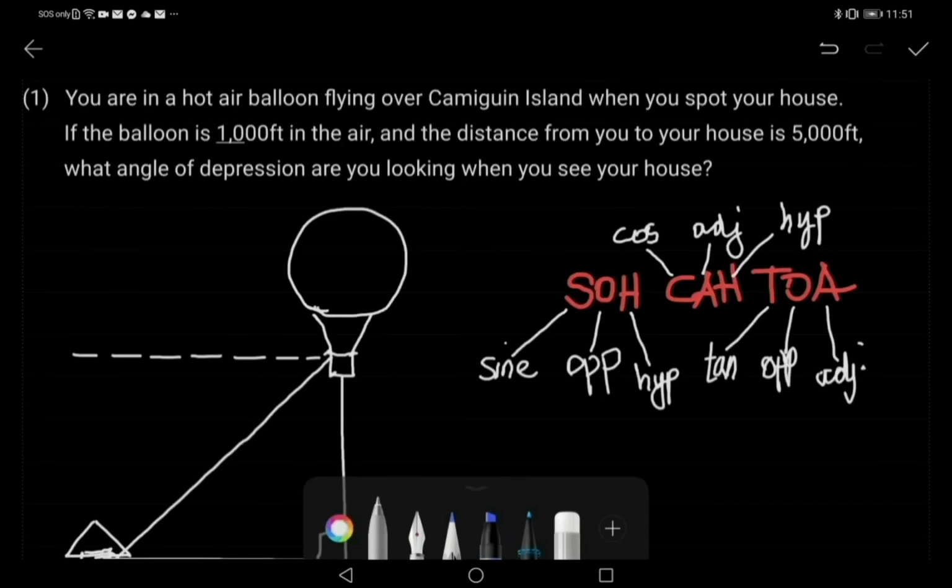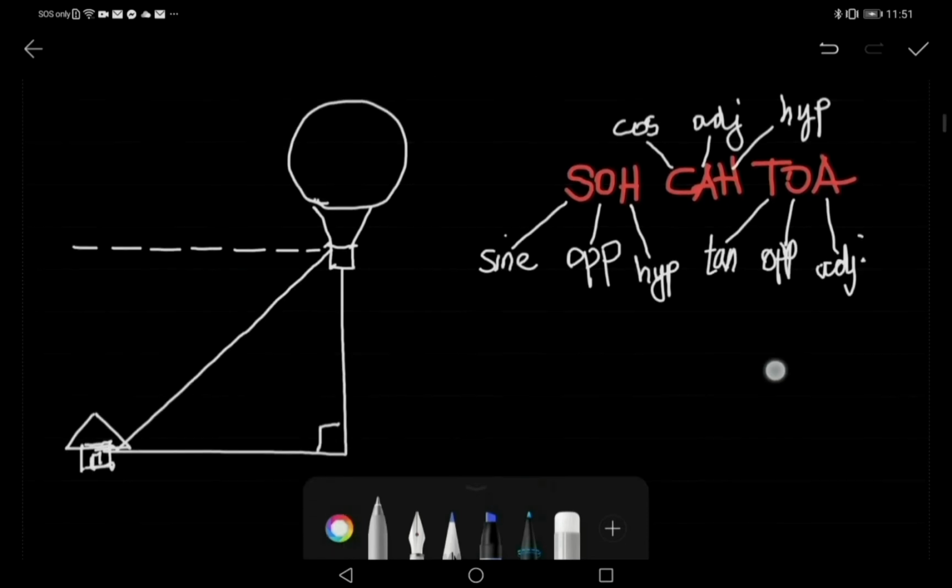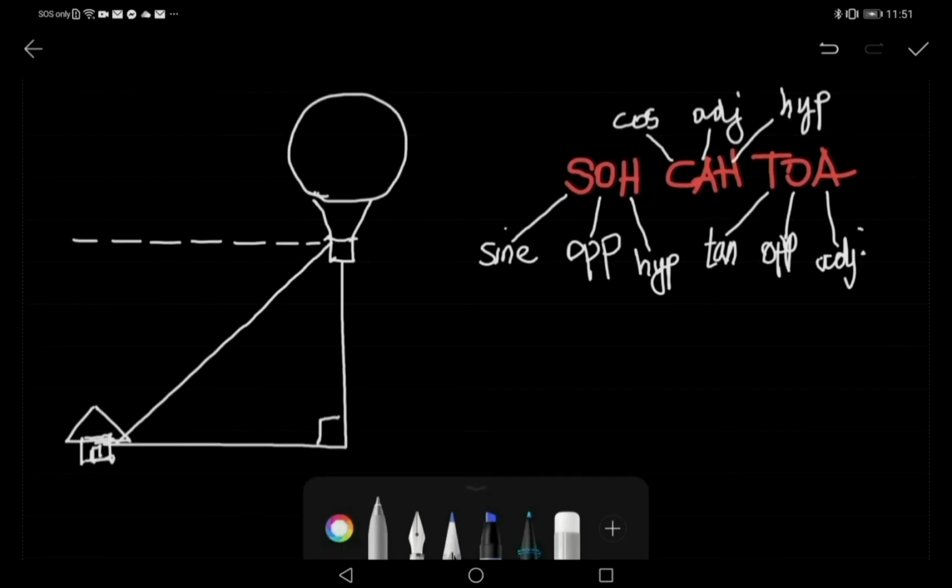Okay, we have here the hot air balloon and the house below. The distance of the balloon from the ground is 1,000 feet. So this is 1,000 feet. And the distance from you to your house is 5,000 feet.